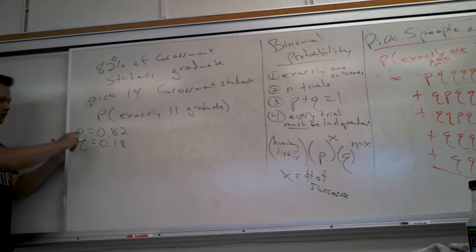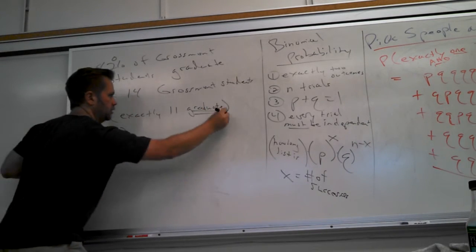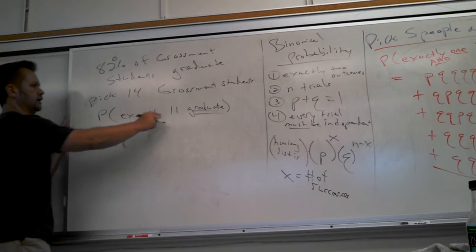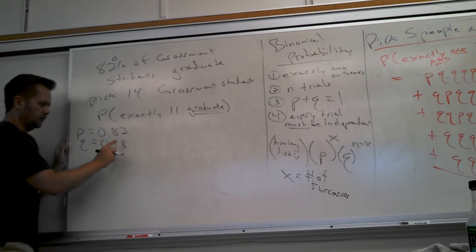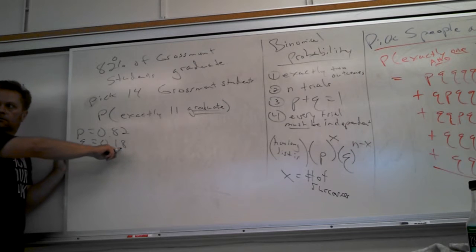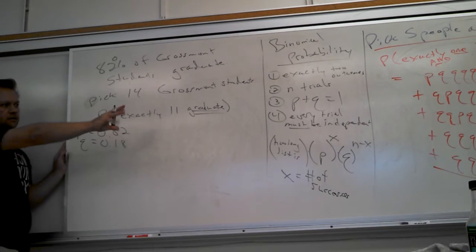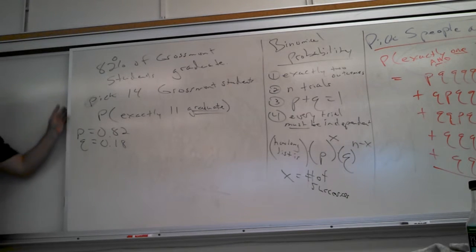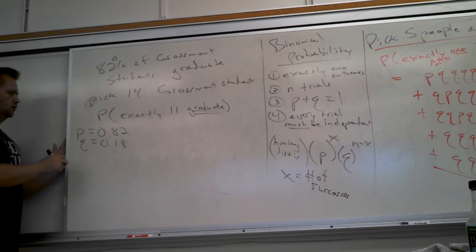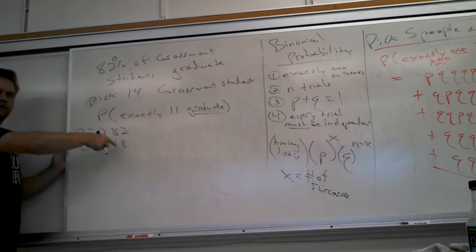Good. And real quick, this was P because it's what I'm looking for, right? If I said the probability exactly 11 don't graduate, that would have been P. And that's a little important because it changes your formula maybe a little bit. You've got to be careful. You want everything to match up. These have to add up to be 1.